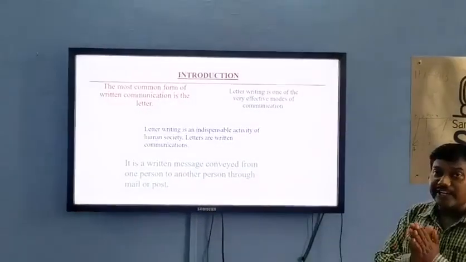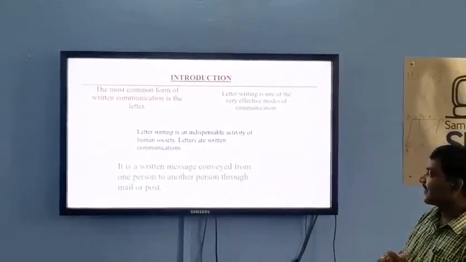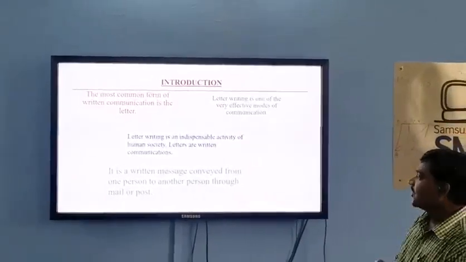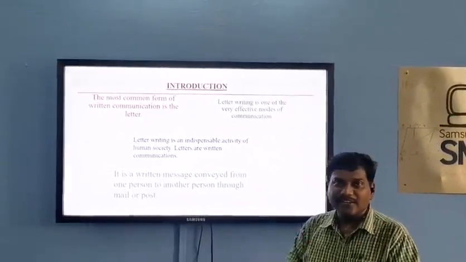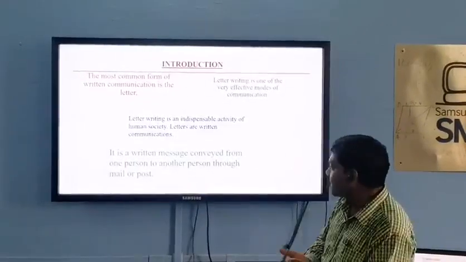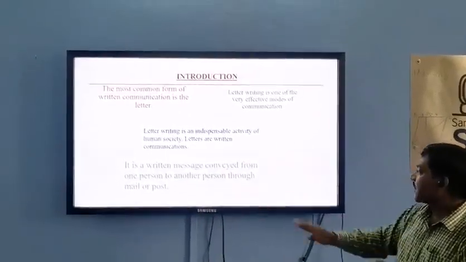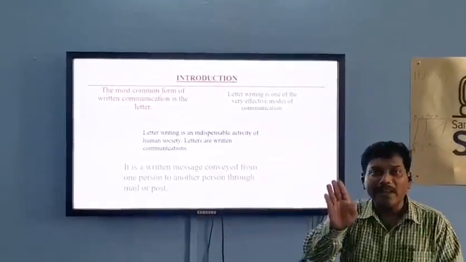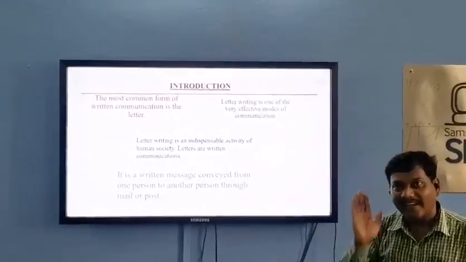Letter writing is an indispensable activity of human society. Letters are written communications. Therefore, if we introduce the term letter, we can give its definition: it is a written message conveyed from one person to another person through mail or post.